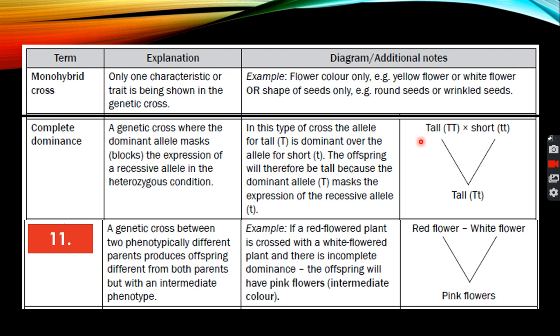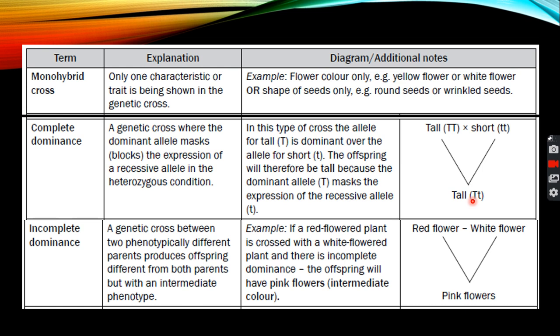One genotype is big T and big T, the other is small t and small t, and then you get a plant that is tall because big T is dominant over small t. Small t is recessive. So this is called a complete dominance, because the one that is dominant is masking the one that is recessive. That's complete dominance, my grade 12 learner.